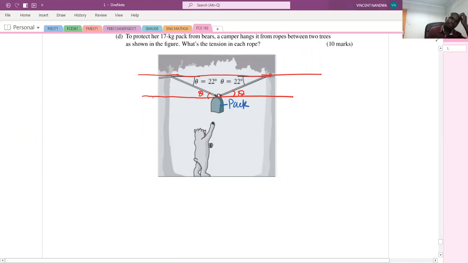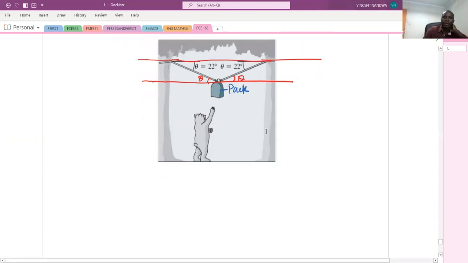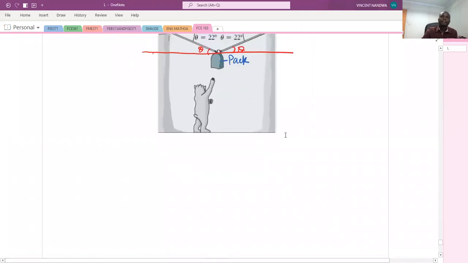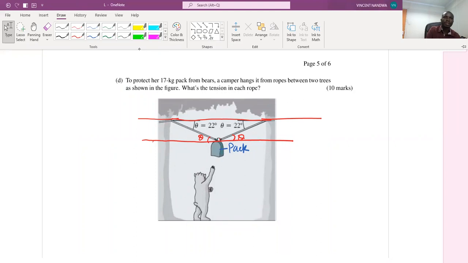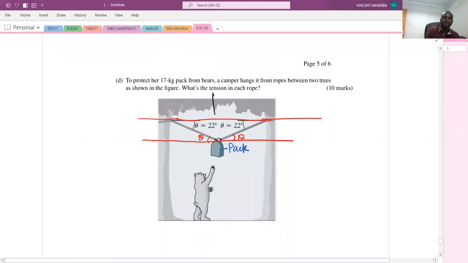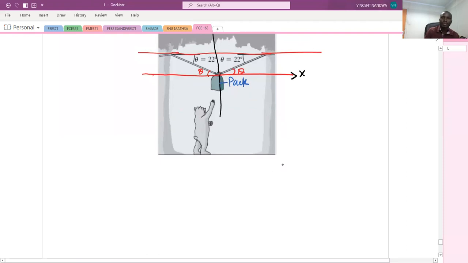So now I'll draw this diagram. I draw my x, y axis at this point. This is my vertical axis, then this is my horizontal axis. So I can now shift it and draw it clearly at this point.